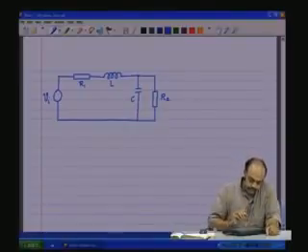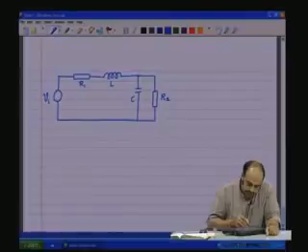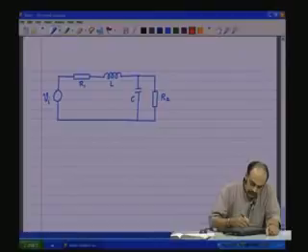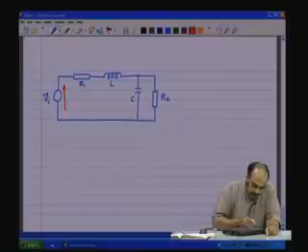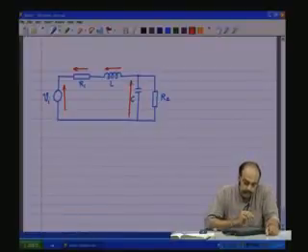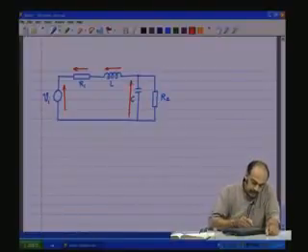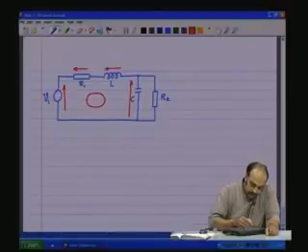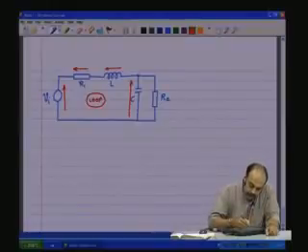Notice here that there is a loop here, that is, there is a voltage of the source represented like that. We have the voltage across R represented like this, the voltage across the inductor, the voltage across the capacitance. There is a loop here, and there is a node here.